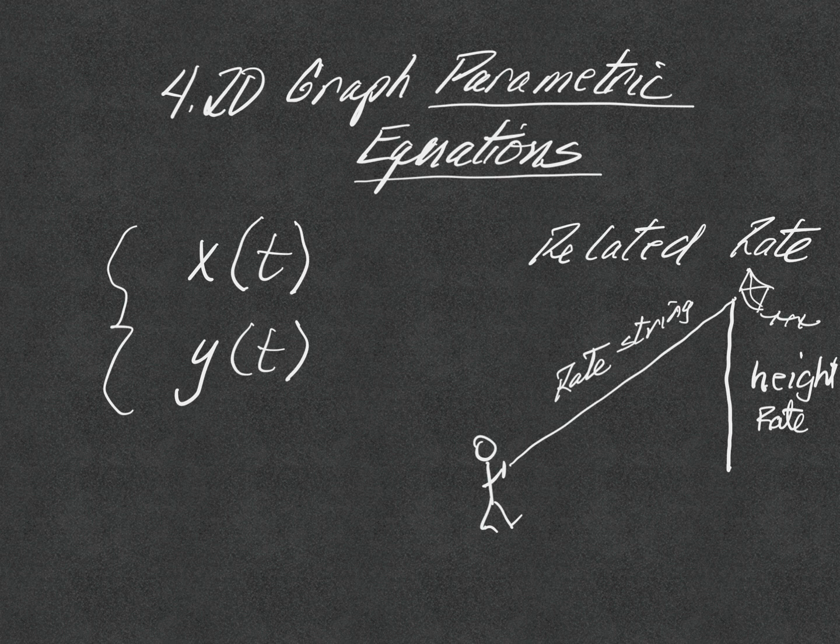And then in the same way, if you make this a right triangle, there's also a distance that the kite is away from you, and that distance is changing at a rate as well. So you can see all of these things are changing at a particular rate.